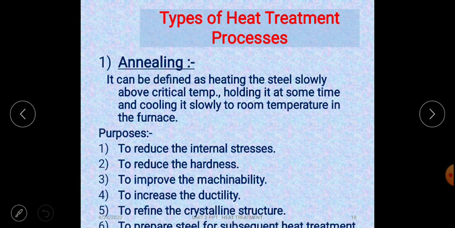So first type of heat treatment process is annealing. Now what does annealing exactly mean? It is defined as heating the steel very slowly above critical temperature and holding at that temperature for some time and then cooling it slowly to room temperature in a furnace, that is, in closed conditions.